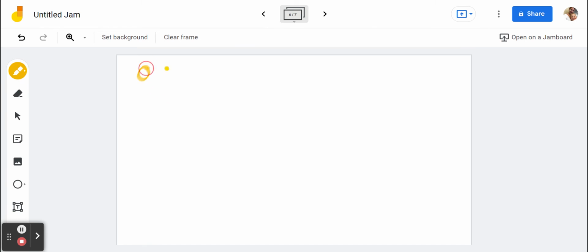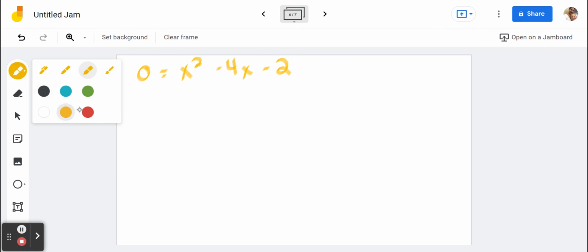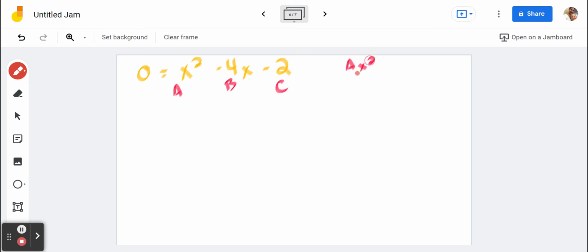So we have an equation 0 equals x squared minus 4x minus 2. Okay? Remember, my a, b, and c do not include the x. The equation isn't a squared, it's ax squared, where a and x are two different things.